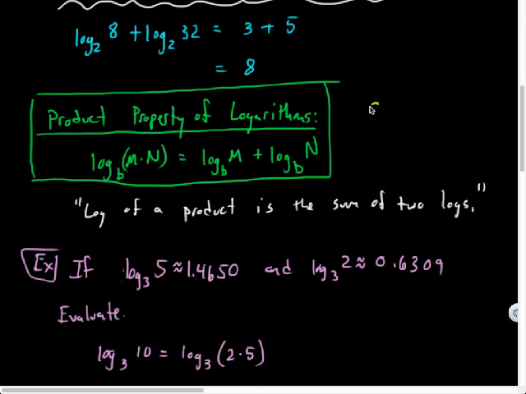I view this the same as a to the m times a to the n equals a to the m plus n. That was our property of exponents. The product of 2 powers is equal to the sum of their exponents as a single power. Same sort of idea. Multiplication became addition. So that's kind of that similarity.